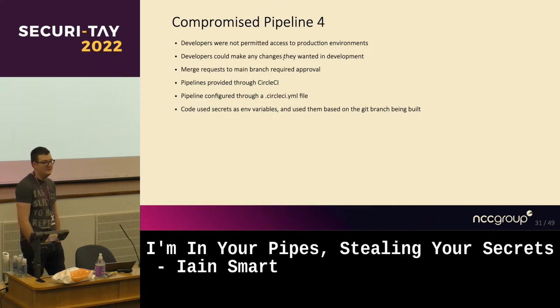They could do whatever they wanted in dev, but only the main branch of their Git repos was ever moved to production. And there was an approval group. Anytime someone wanted to migrate from staging to prod, it had to go through approval, and it had to have two separate approvers. So we thought, well, this isn't going to work, because the chances of us being able to compromise a dev and two approvers is fairly minimal. That's not going to be easy.